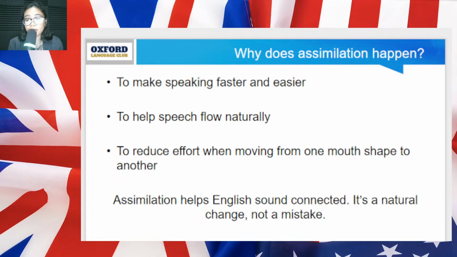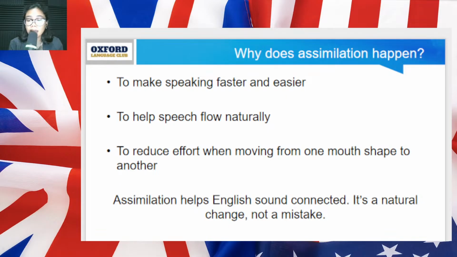Your mouth does not have to stop completely and then start a totally new movement. Instead, it makes a smoother, more direct path to the next sound. This saves time and effort, making the entire act of speaking less tiring and quicker for the speaker. Okay, to make speaking faster and easier.